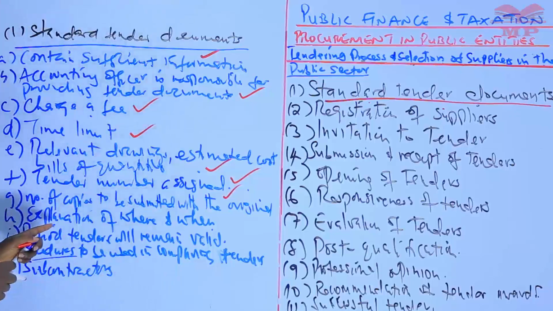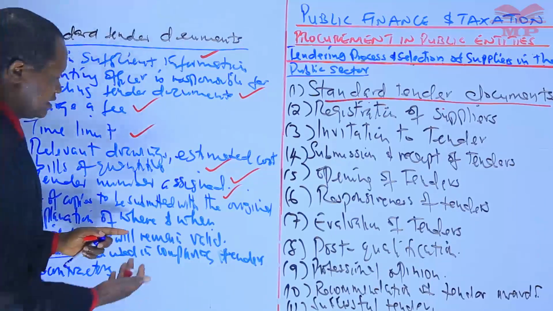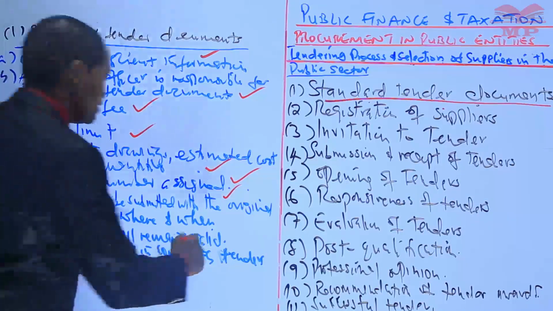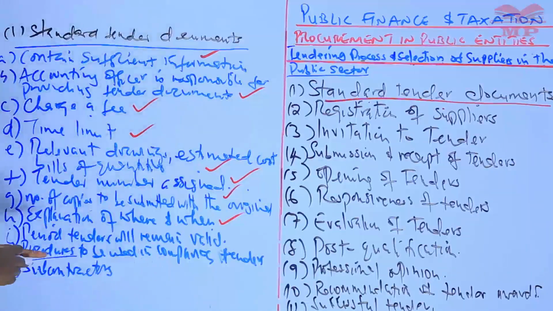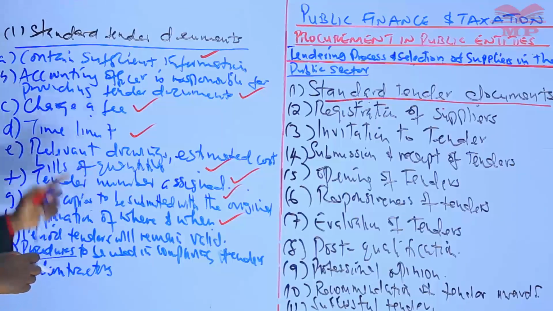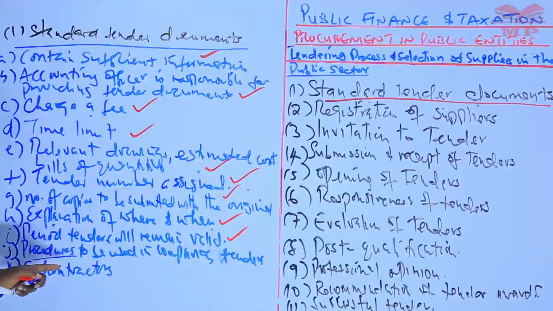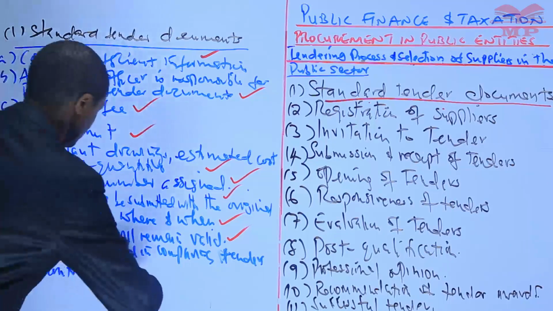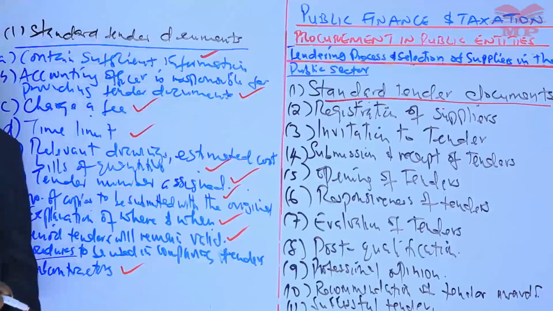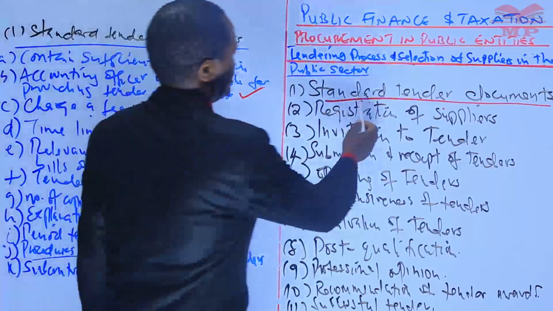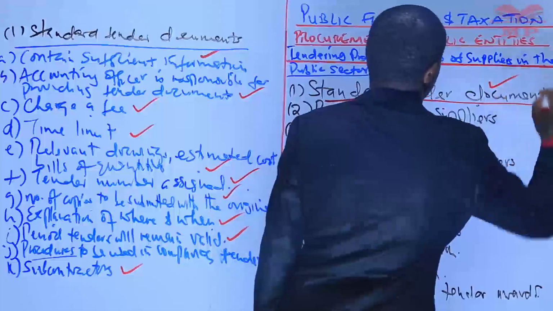There is also the question on the explanation of where the tenders are to be submitted and when. There's also the period tenders will remain valid. That has to be clearly stated within the documents. Then there are also procedures to be used in comparing tenders, and there's a question on subcontractors. So these are standard tender documents.